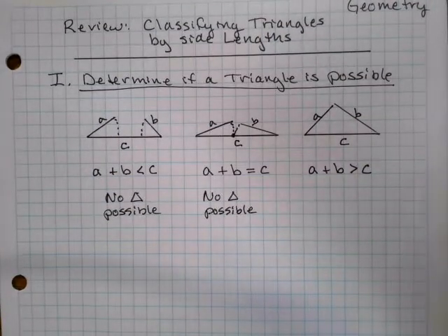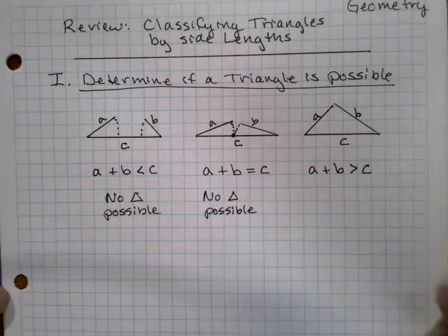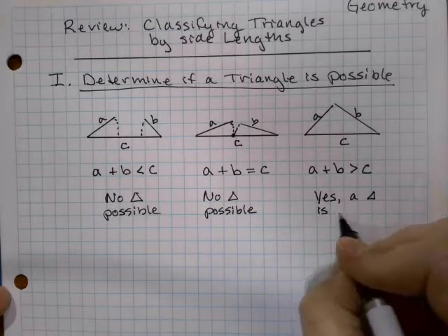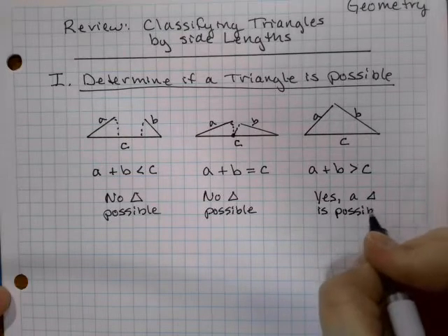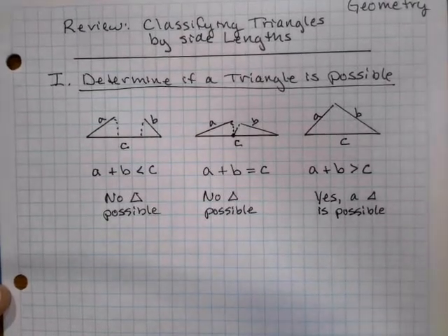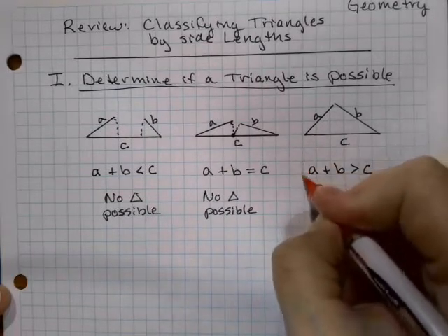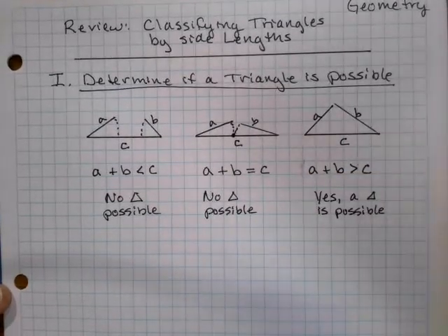So this is the only scenario where, yes, a triangle is possible. The smaller 2 sides must add up to an amount greater than the longest side.